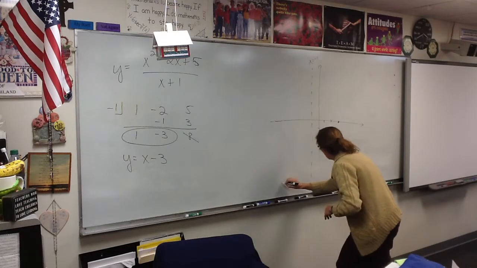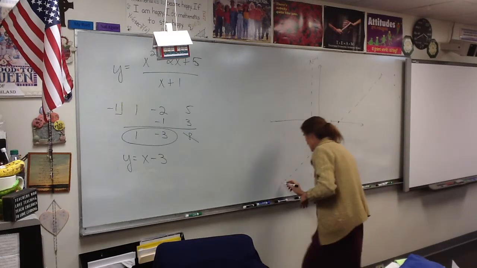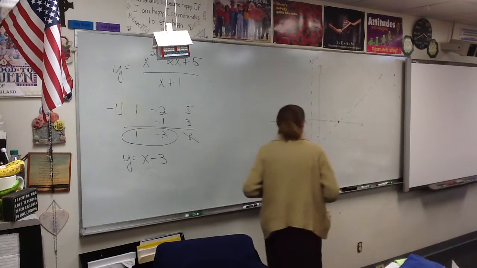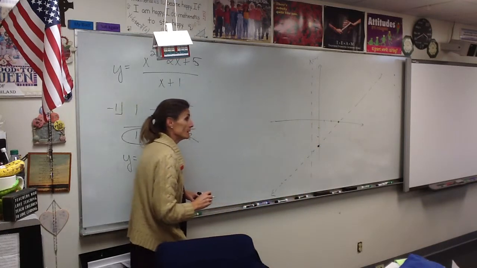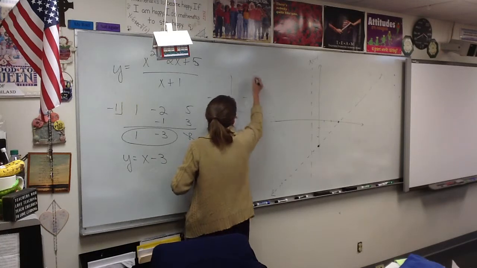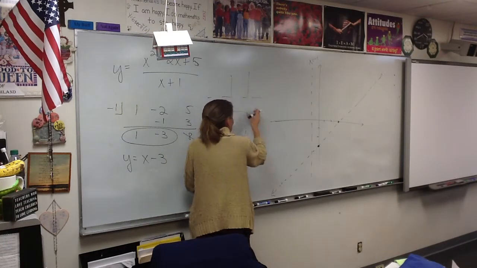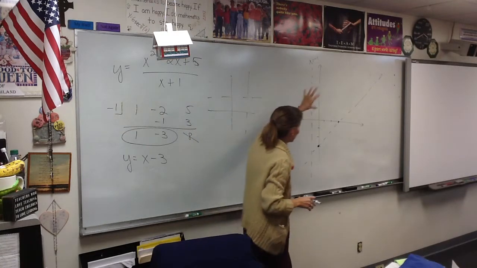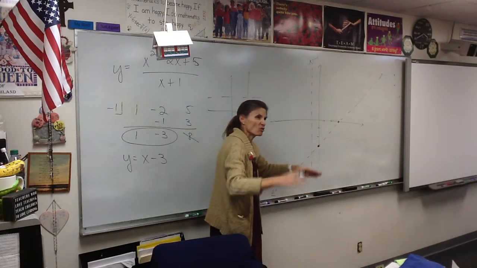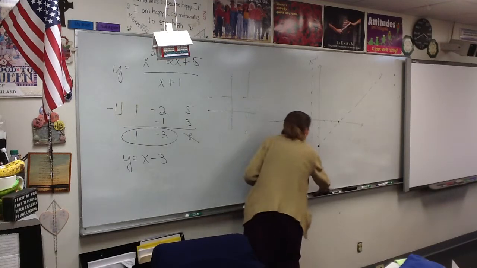So I'm going to draw that line in. That is my slant asymptote. So now my curve, instead of having a horizontal and a vertical asymptote that splits your curve up into these nice quadrant types, now we've got 4 sections still, but they're kind of triangular. And so that's where the curve will be drawn.